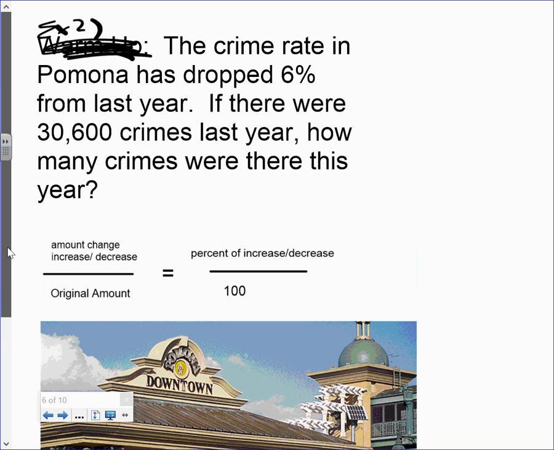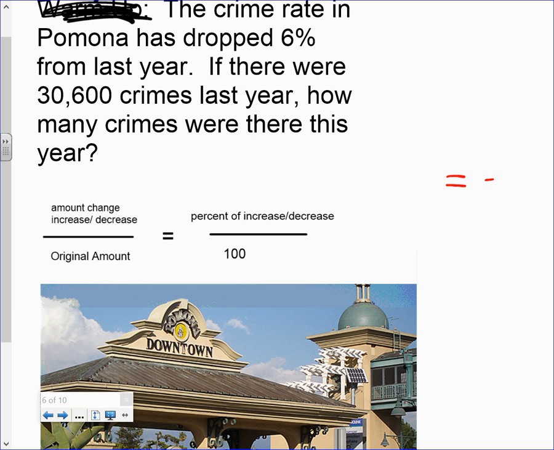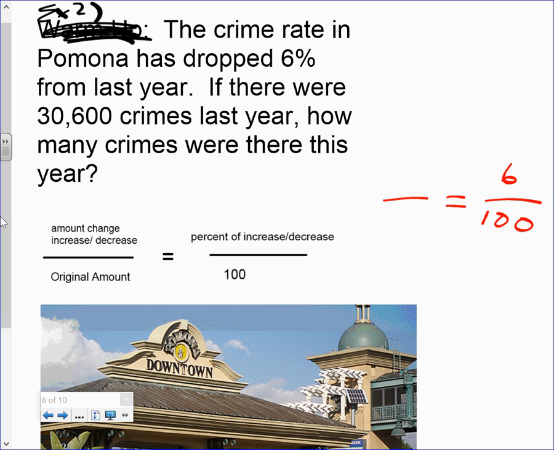Okay, let's do it. We put a fraction equaling a fraction. All right, like Gomez says, 6 out of 100. That's the original amount of crimes last year. If there were 30,600 crimes last year, that's going to be right here, 30,600.